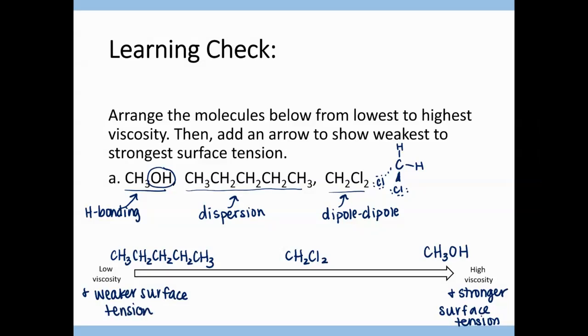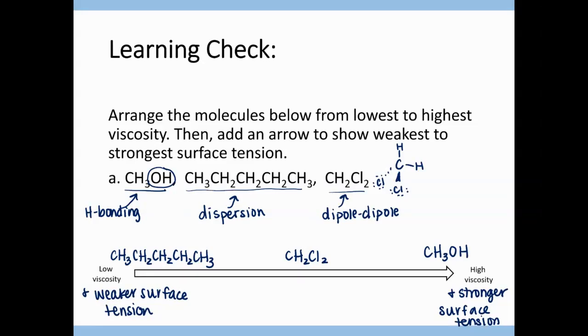I was a little bit confused. I thought pentane had a bigger molecule arrangement, so I thought that was a stronger one. Yeah, that's a good question. You have one trend right, that a larger molecule has stronger intermolecular forces.